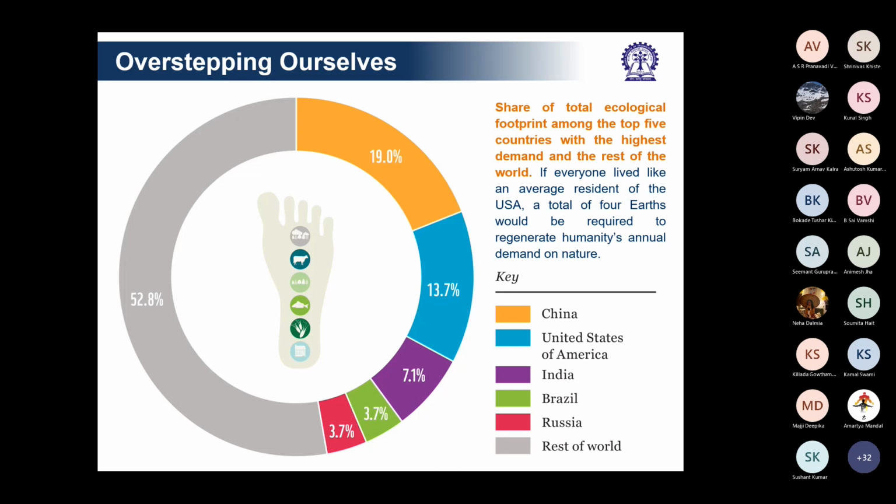In the US, the population is lower, but the per capita consumption, or per capita ecological footprint, is significantly high.